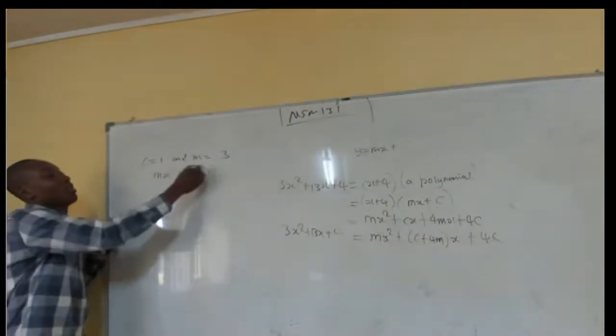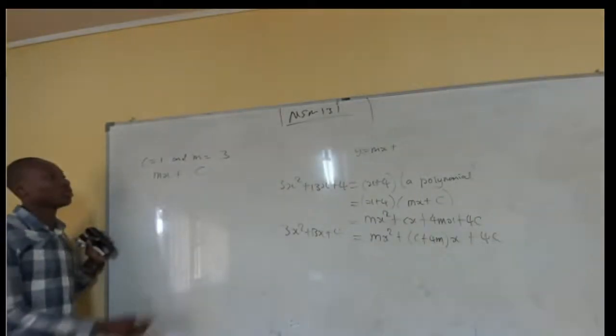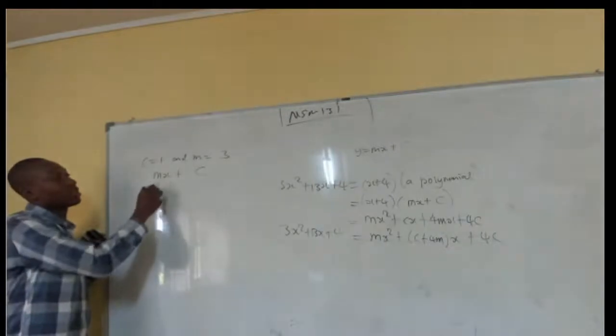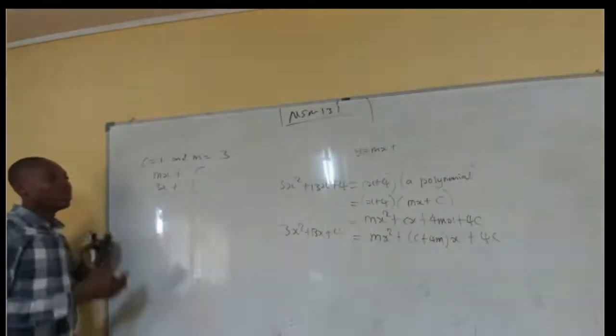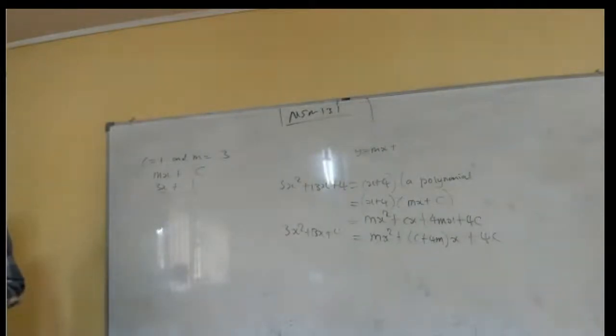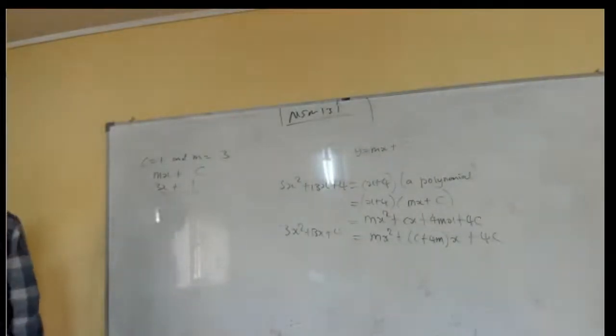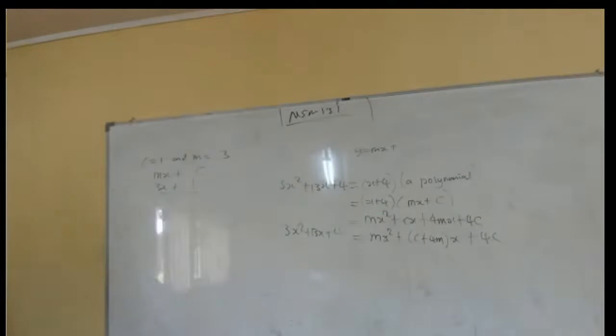The polynomial is mx plus c. Since m is 3 and c is 1, the polynomial we're looking for is 3x plus 1. That is your answer. The polynomial in question is simply 3x plus 1.